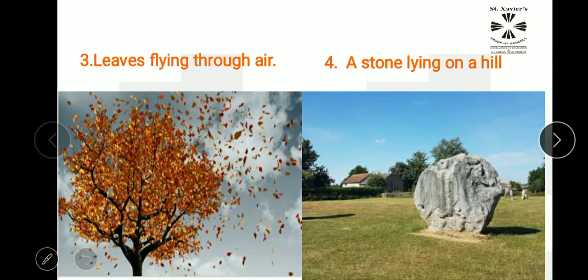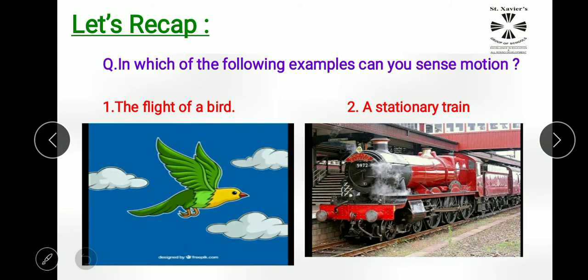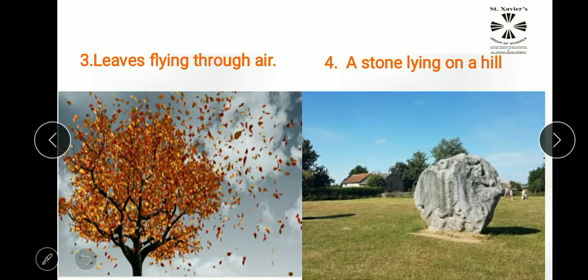So we saw four examples. Our question was, in which of the following examples can you sense motion? In the first, we can sense motion. In the second, the train is stationary, no motion. In the third, leaves are flying, there is motion. And the stone lying on a hill, there is no motion.